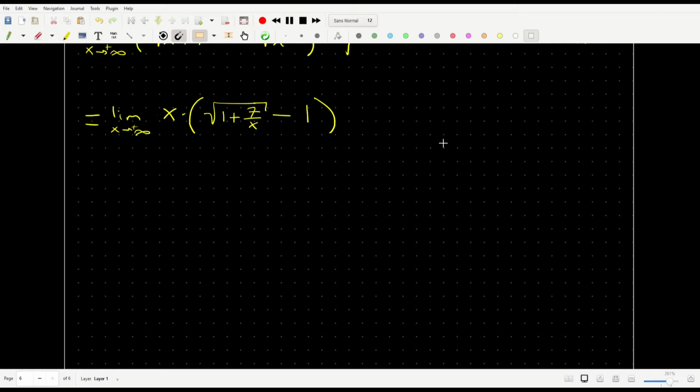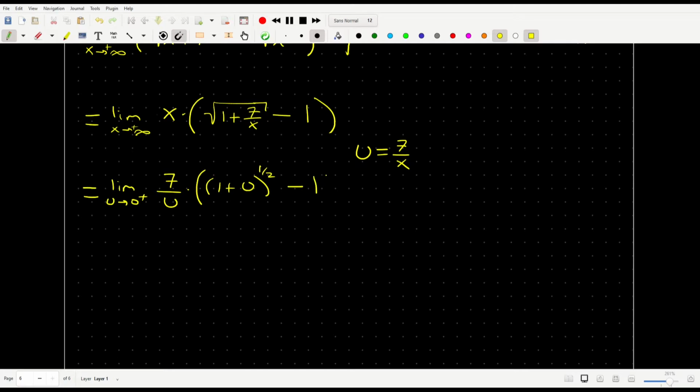Specifically, if I make the substitution of u equal to 7 over x, this limit expression becomes the limit as u goes to 0 from the positive of x, which is 7 over u, times 1 plus u to the power 1/2 minus 1.